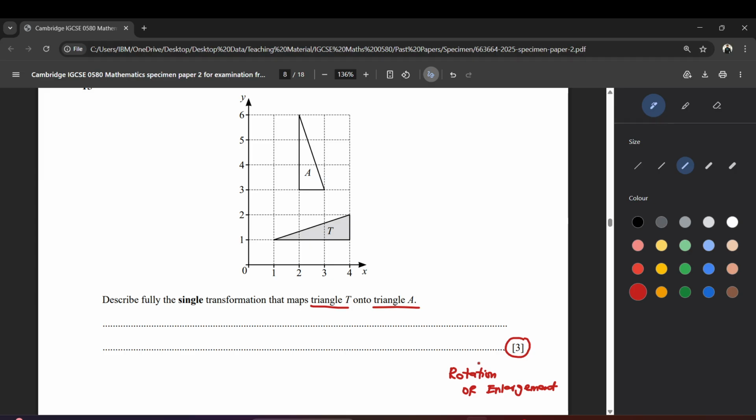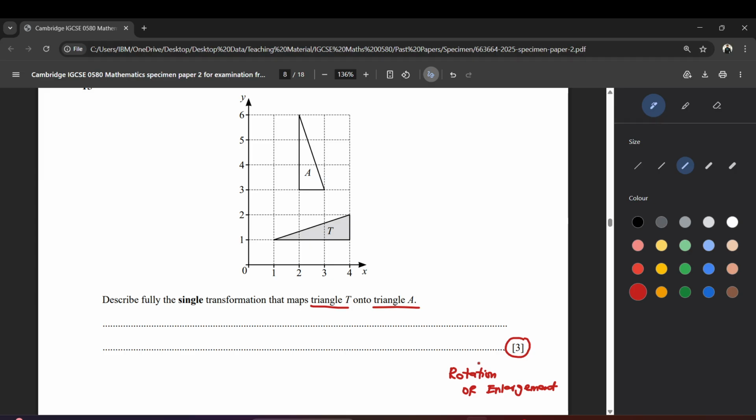Number two is the line of reflection, or what we call the mirror line, the equation of the line in which the object has been reflected. Then for translation, you have to mention the name, and then the column vector, or how many units in the x direction and how many units in the y direction you have to move your object to achieve the position of the image.